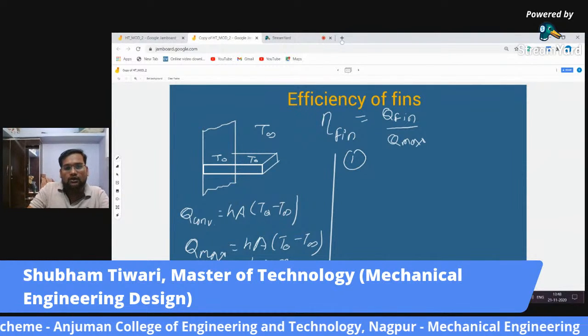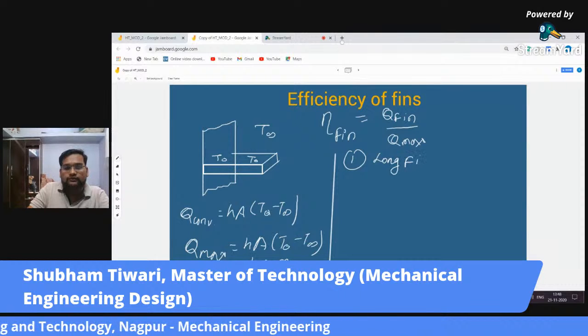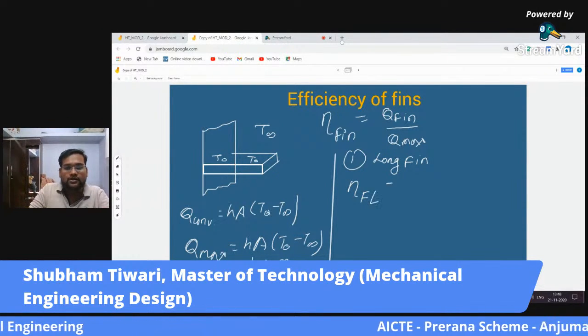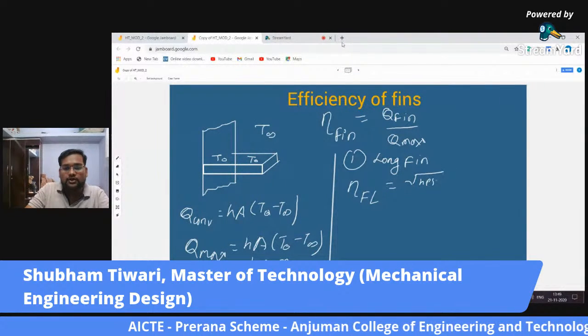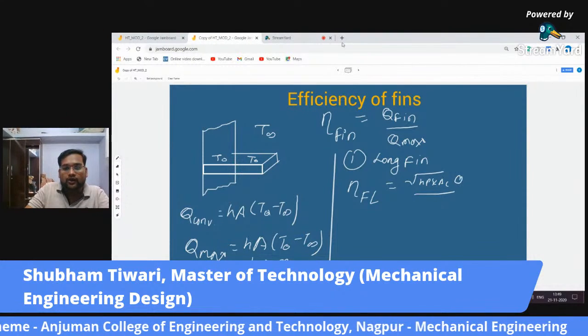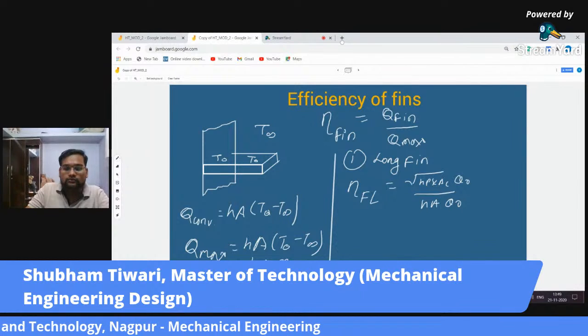So for the long fin, we can write the efficiency of the long fin as under root of HP KAC theta naught upon HA theta naught.